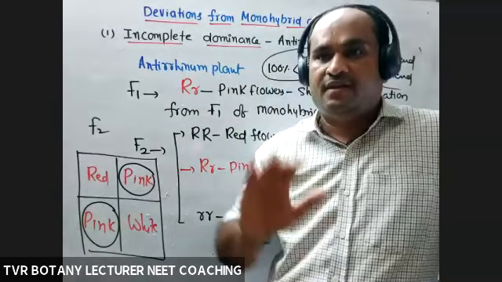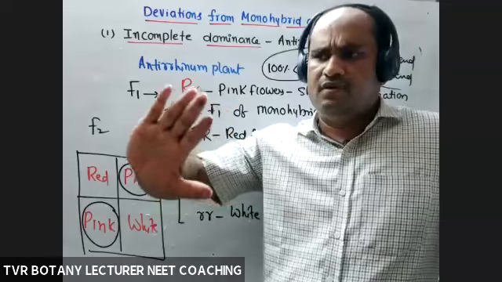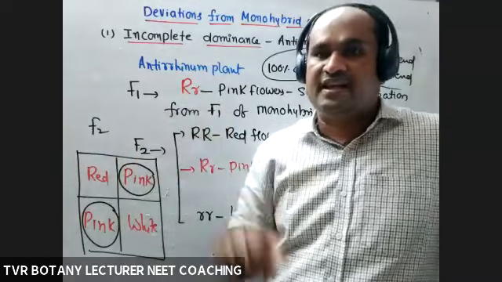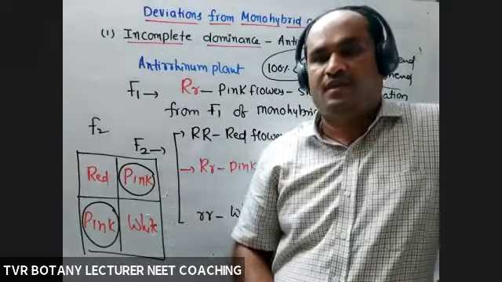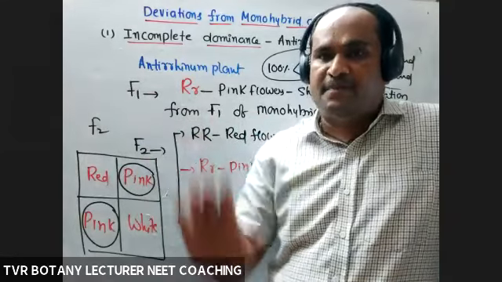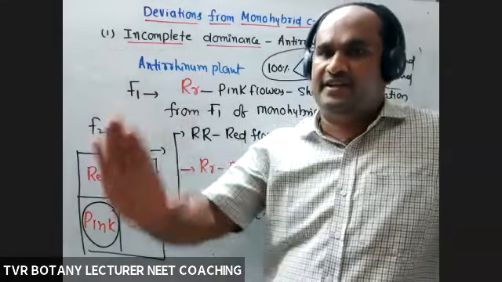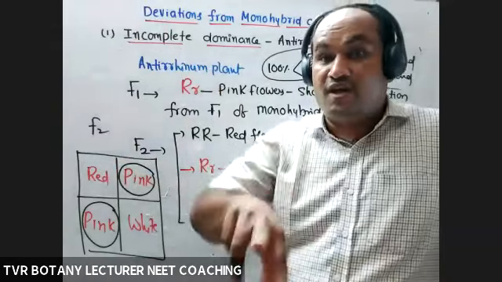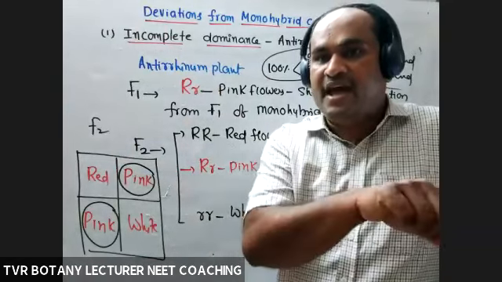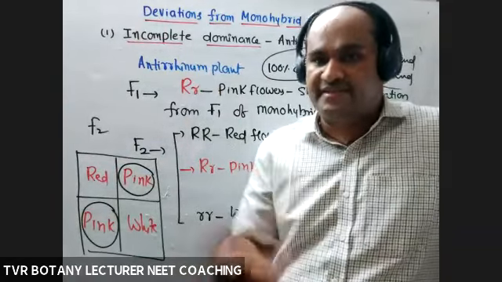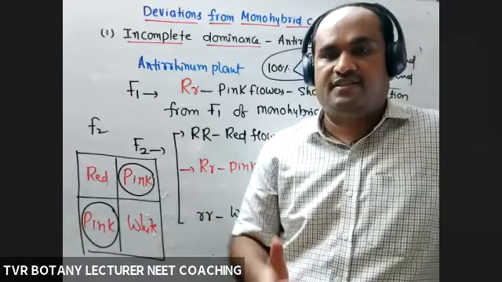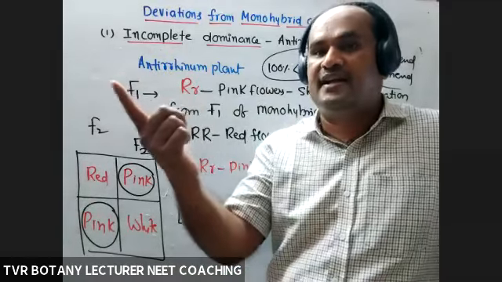Red color, separate color, not mixed with white. What about the color of the red only? White colored Asian Paint, not mixed with the red. Definitely that is in red color. If these two are mixed, capital R, small r mixed, blend it, mix it. What about the color? Pink color.